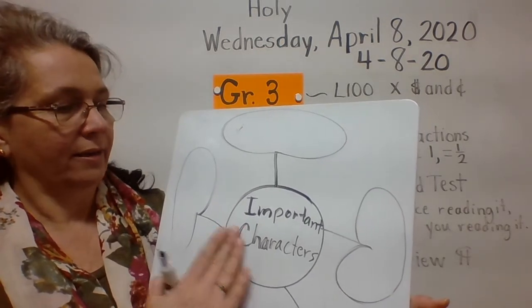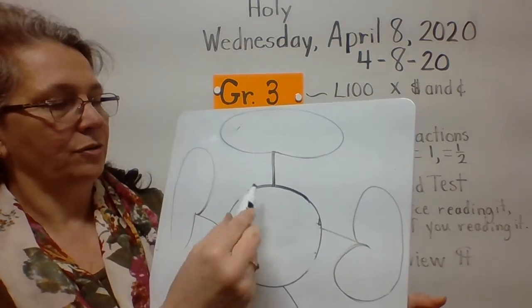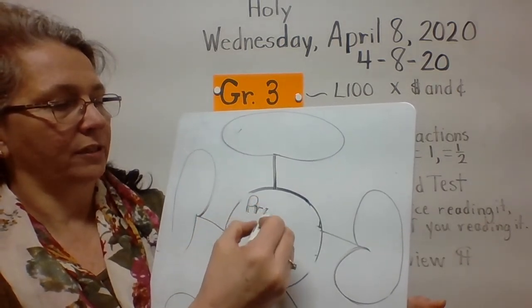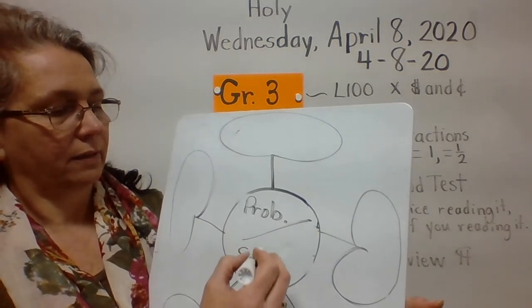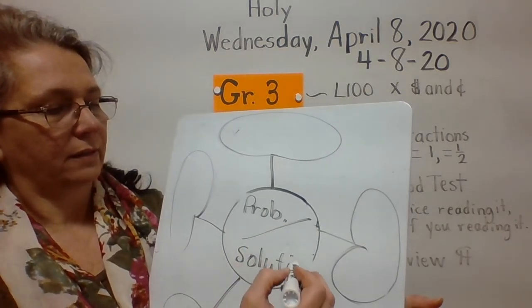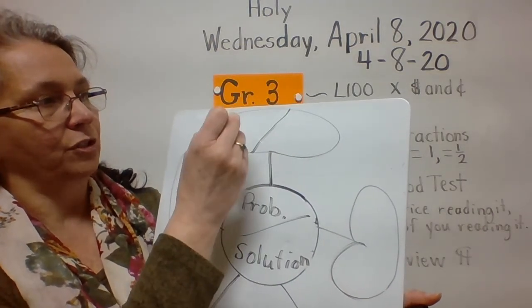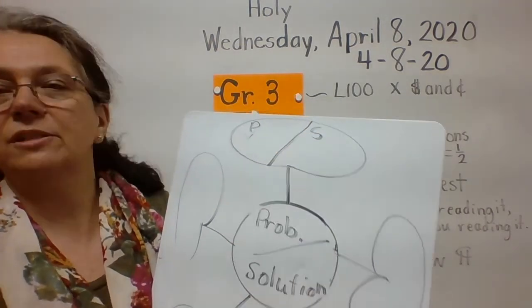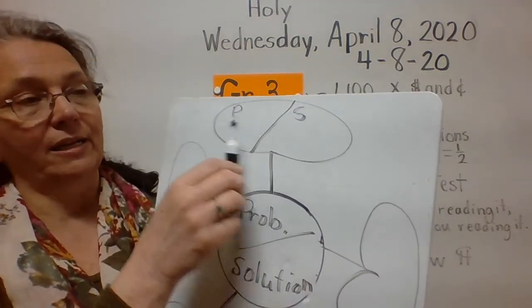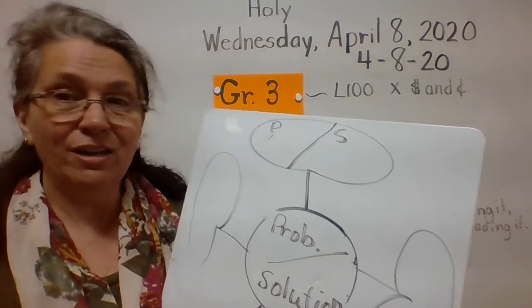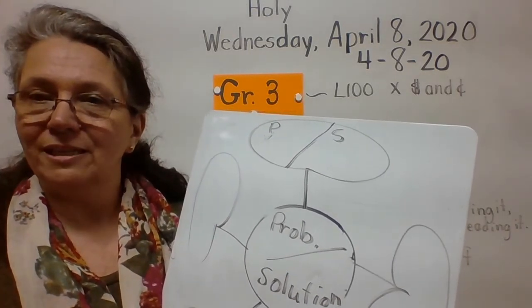Another one to do is problem solution. With this one, maybe you want to do it in half. So you'd put your problem on one part and then how it is solved over there. Oftentimes stories are written with different problems that come up and how they are solved. Now that might go along with your events one. Did you notice what we did here?